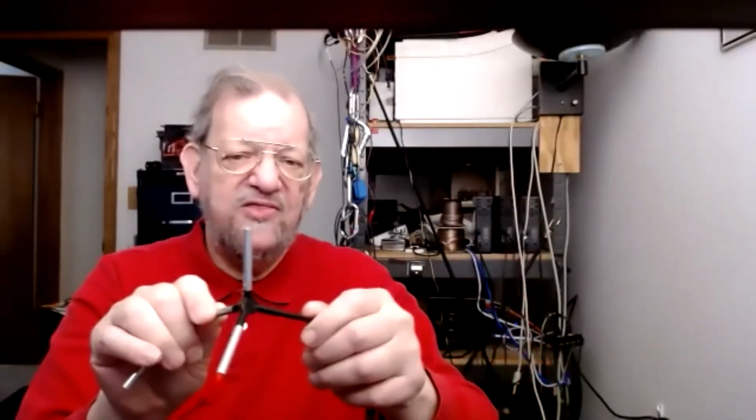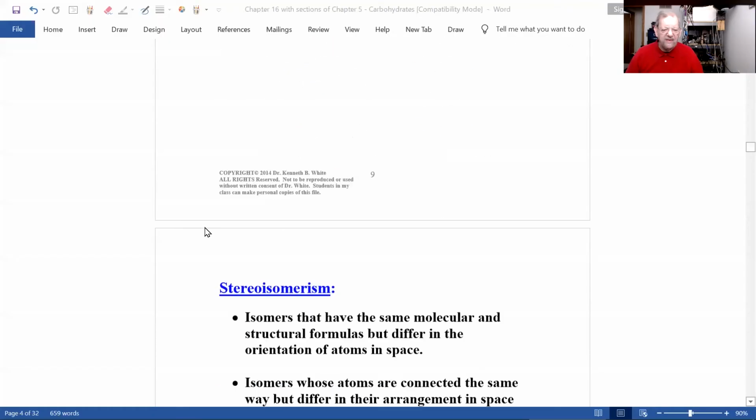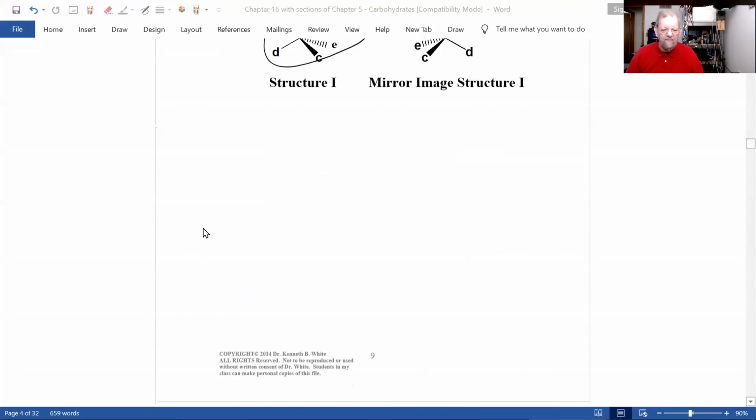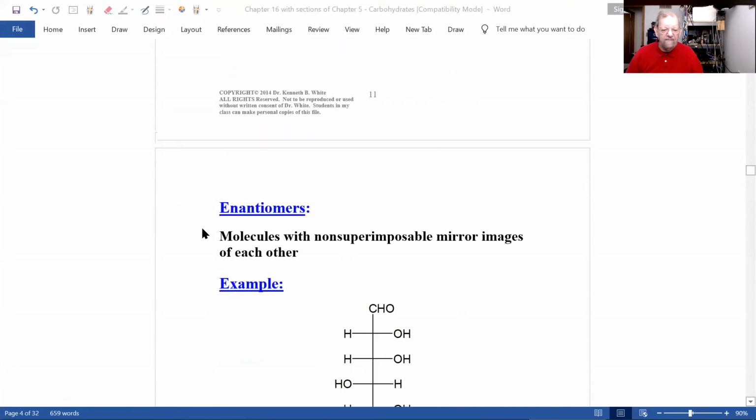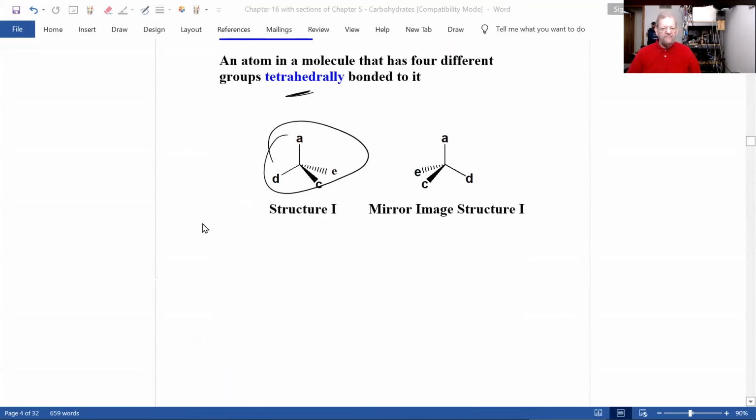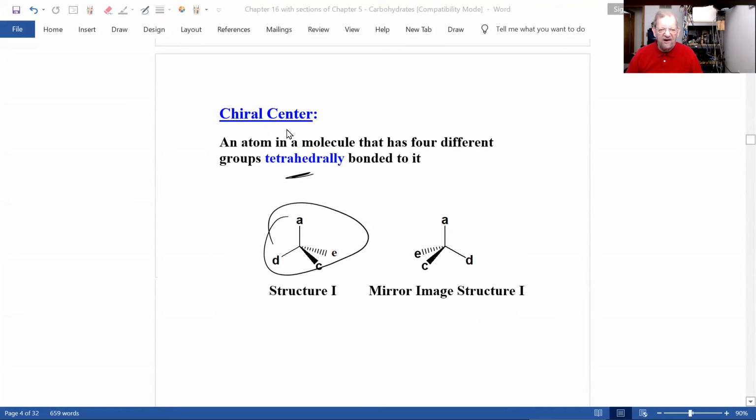I haven't talked about it, but carbon in a single bond is called tetrahedral. 4 sides, the shape is called tetrahedral. And this is called the chiral center. Now, I don't have a slide for it, so I'm going to do it on the whiteboard, which I would if we were in a classroom at ECC.